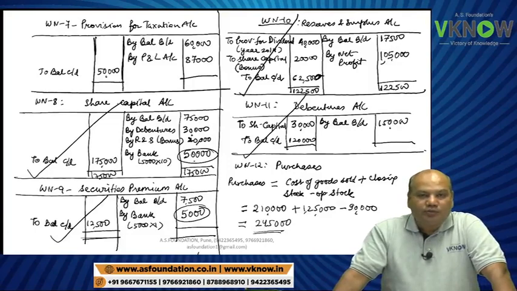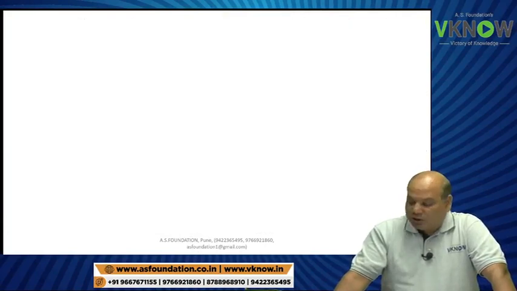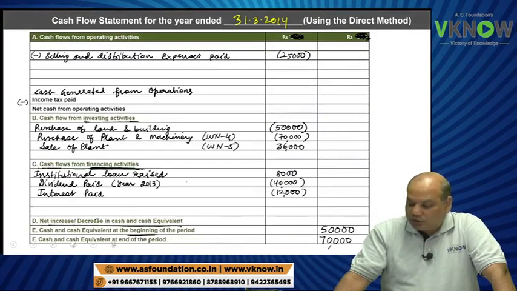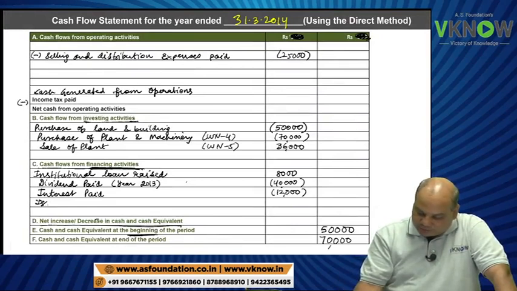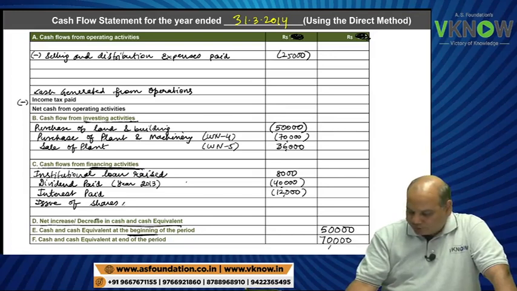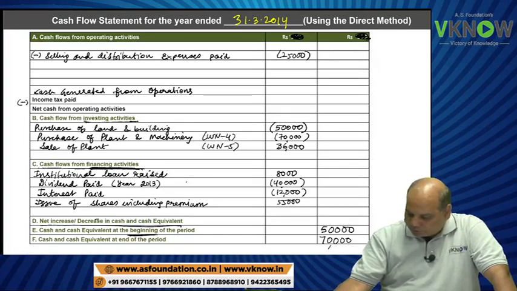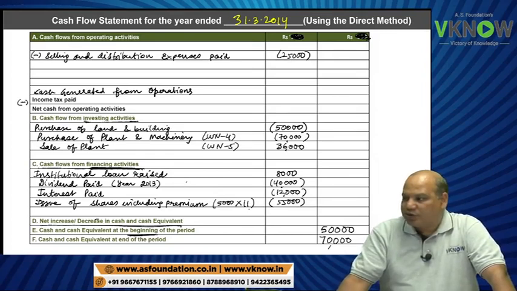Where will you write issue of share? Financing activity. Very good. Issue of shares including premium 55,000 in bracket 5,000 shares issued at 11 rupees per share.